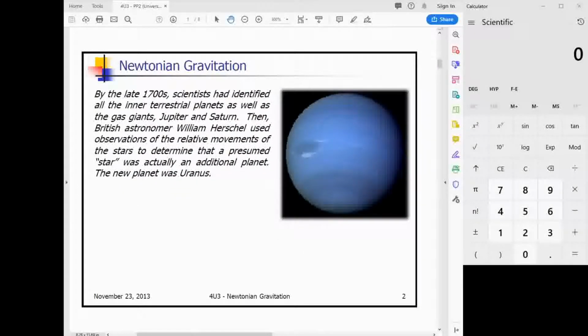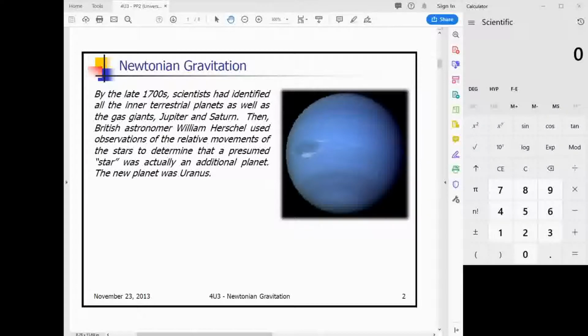Now, scientists have used gravity and the mathematical formulas that they've created around gravity to find, well, I was about to say extraterrestrial objects, but not even extraterrestrial, extrasolar, so outside of our solar system as well.